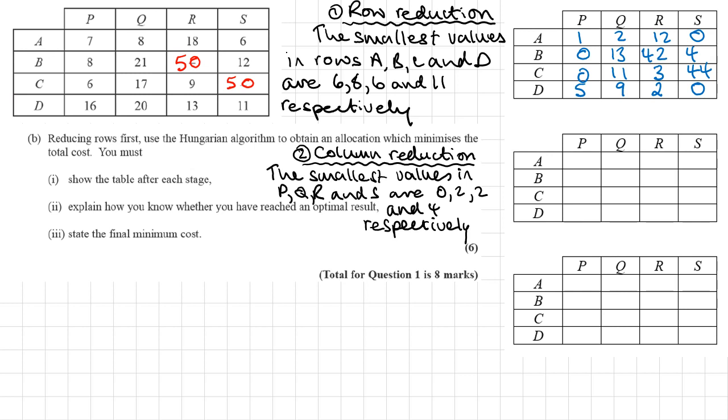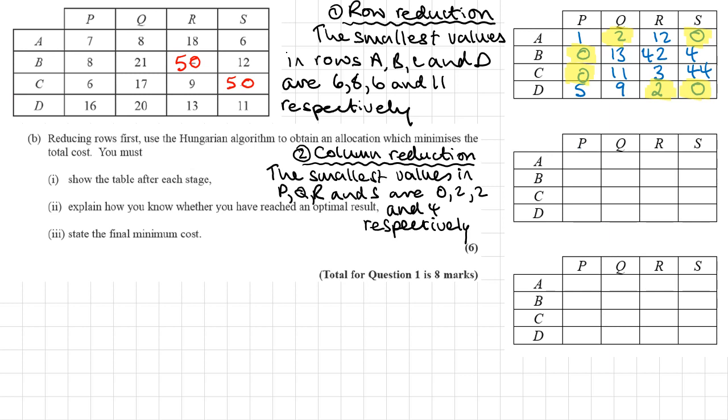Now step number 2, I'm going to do column reduction. So I want to find the smallest values in each column. And they are 0 for the first column, 2 for the second column, 2 for the third column, and then 0 for the fourth column. So I'm now going to subtract those values from each column. So the first column is going to remain the same because I subtract 0, so they'll remain unchanged.